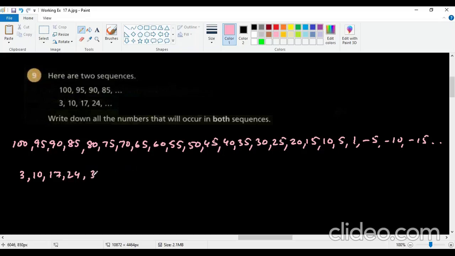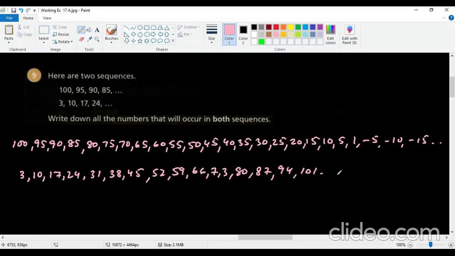Then comes 31, then 38, then 45, then 52, then 59, and then 66, 73, then 80, and onwards till 87, 94, 101, and so on.